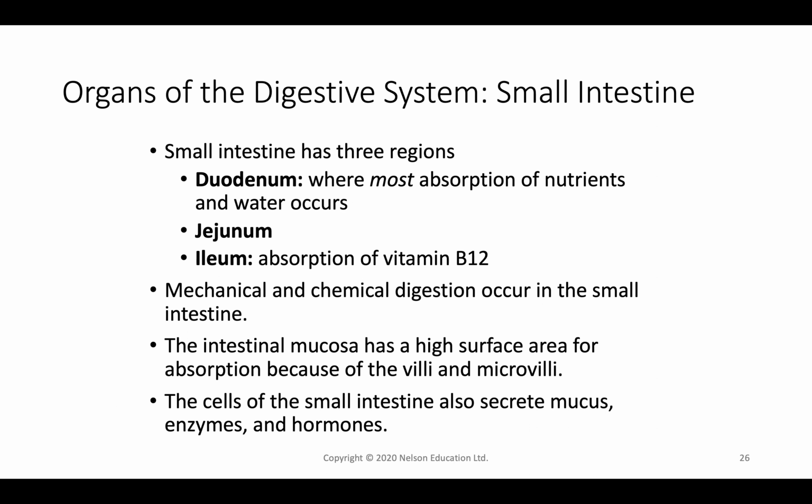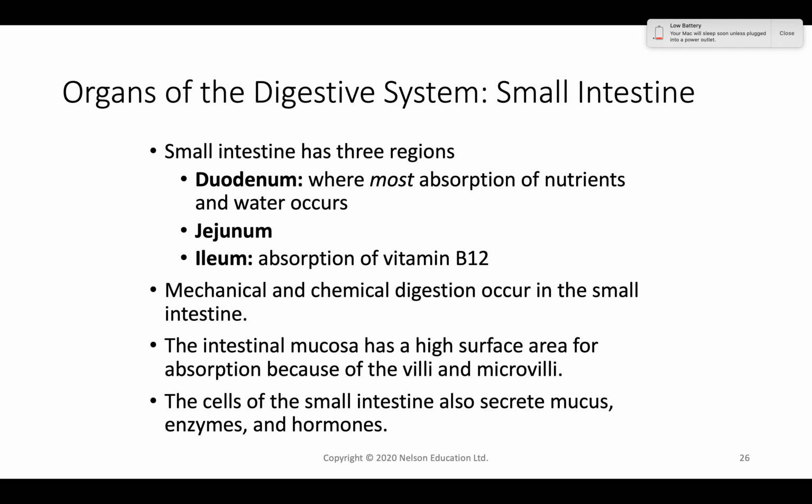And we're also going to have a high surface area of absorption. Why? We have these specialty regions that are called villi, or little finger-like projections. And on the end of those villi, we have microvilli, which are little finger-like projections on the end of the fingers. And these allow us to have a greater surface area, so everything washing across it can be absorbed if it wants to be. The cells of the small intestines are also going to secrete hormones, mucus, and enzymes.